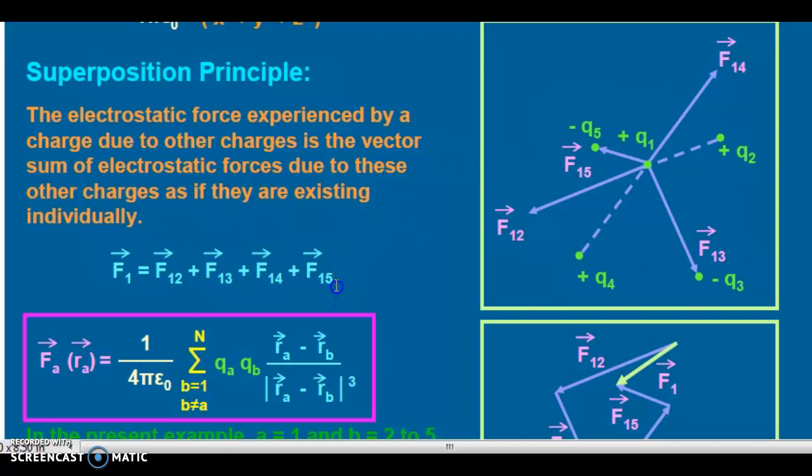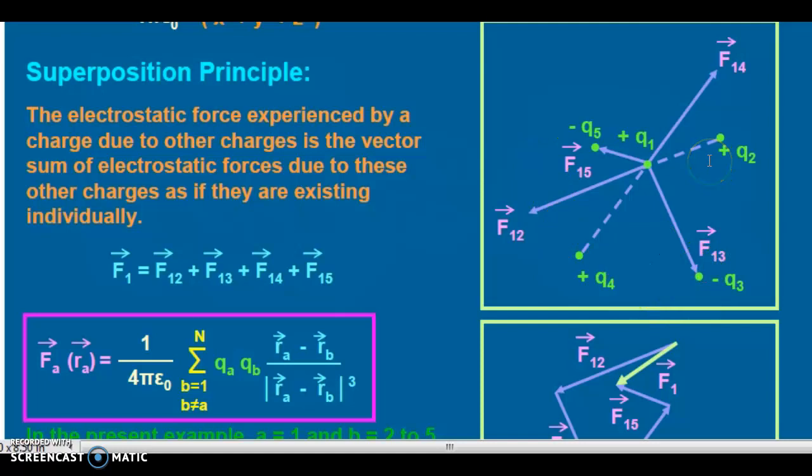As you have more and more charges, the system will go on becoming more and more complicated. Rather, if I have three charges, when I take into consideration the force acting on Q1, I just have to consider the forces acting on Q1 and do their vector addition. We should not worry about whether there will be a force acting between Q2 and Q3, Q3 and Q5, Q4 and Q3, Q4 and Q2.